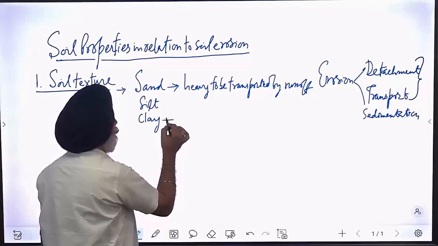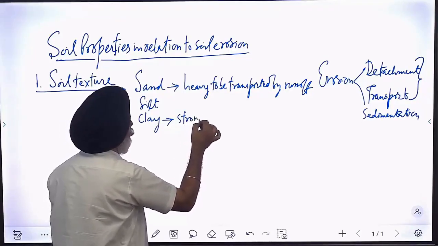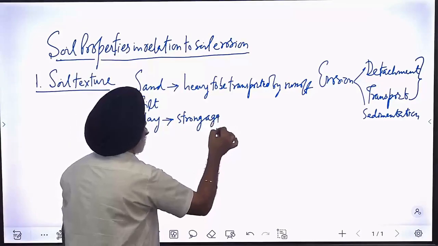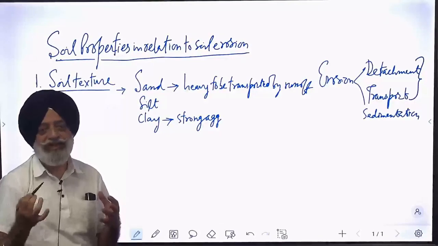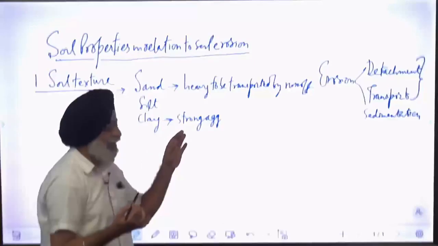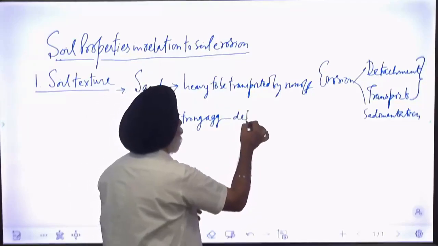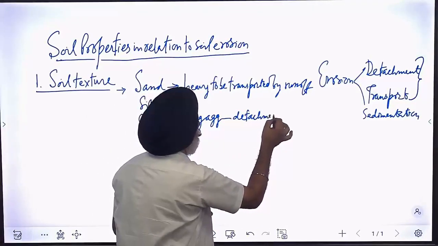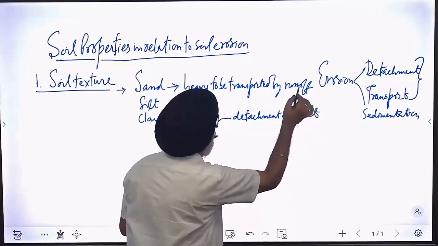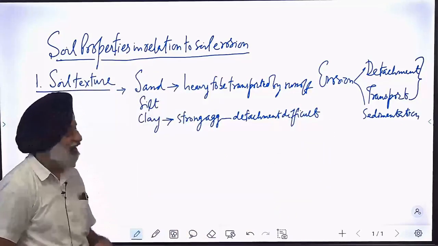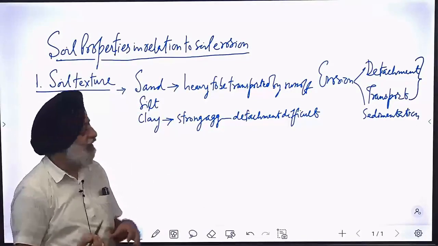On the other hand, the clay particles make strong aggregates. If the soil contains a higher amount of clay particles, that soil will have strong, stable aggregates, and detachment will be difficult. So in case of sand particles, transportation was difficult. In case of clay particles, the detachment of aggregates will be difficult.